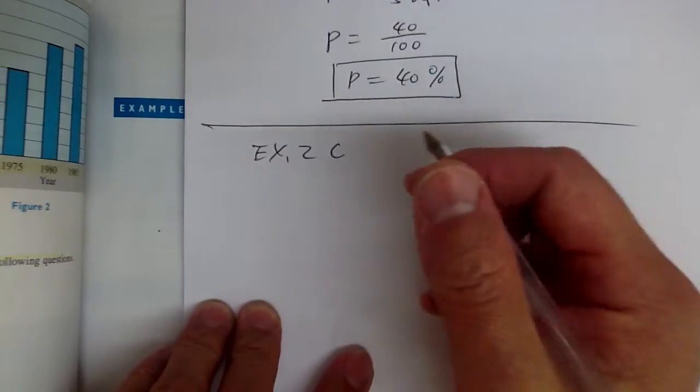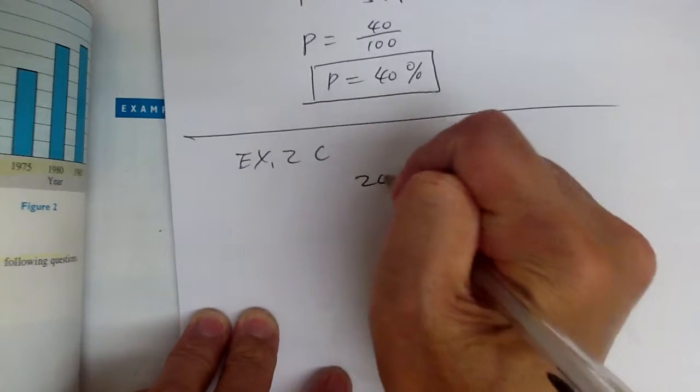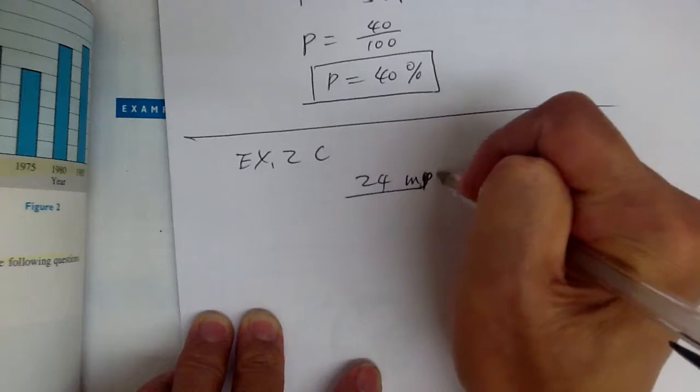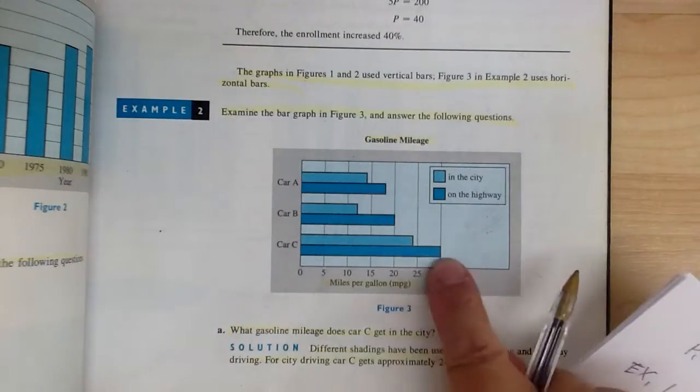So 2C. Again, you're looking for city to the highway. So the city is 24 miles per gallon. And the highway, again, if you look at highway, so it's 24 to 30.